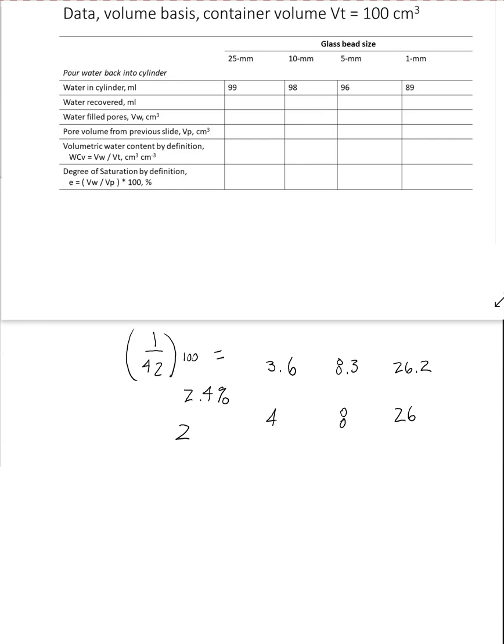The next set of information we'll run through similar calculations, but using the mass of the water and the mass of the beads, as opposed to using the volume basis.